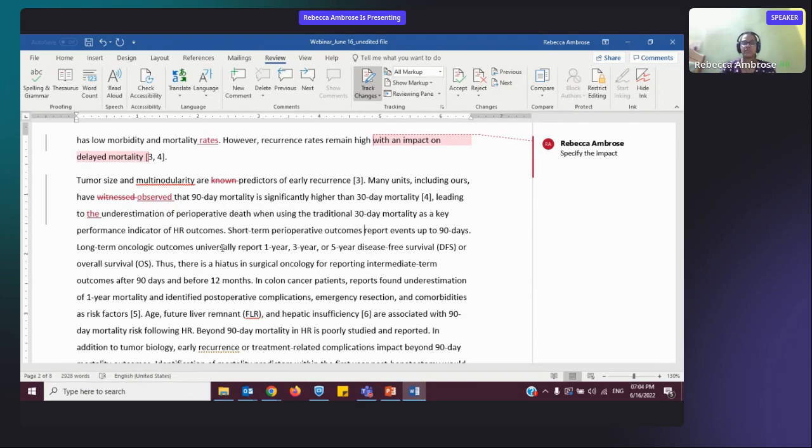Short-term perioperative outcomes report events up to 90 days. We don't need a hyphen over there. And this sentence is slightly off. We also have long-term oncological outcomes universally report 1 year, 3 year, or 5 year disease-free survival or overall survival. Again, this sentence is also off.